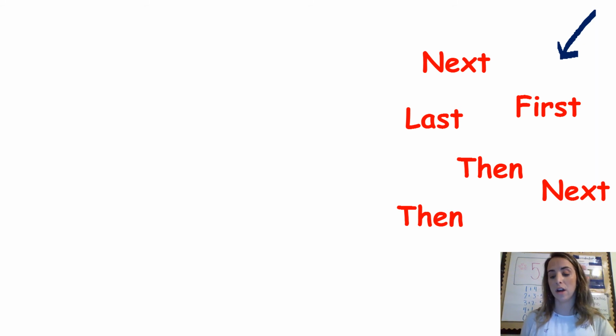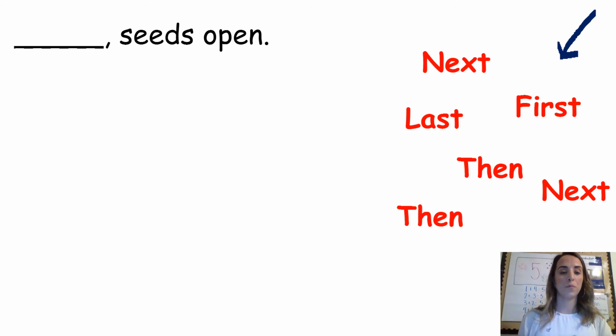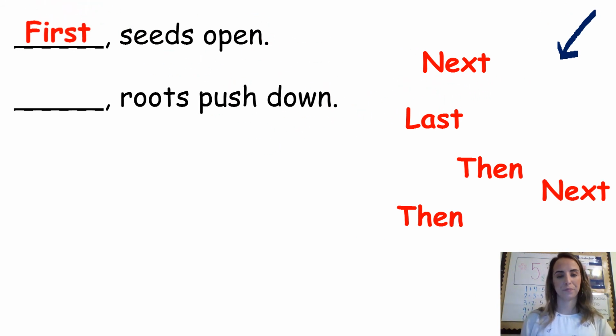So here we go. Here is our first sentence. So, some blank seeds open. Would I say next seeds open, or would I say then seeds open? First seeds open. Awesome. Last roots push down. Are we done yet? No. We might say next or then, so we'll say next.